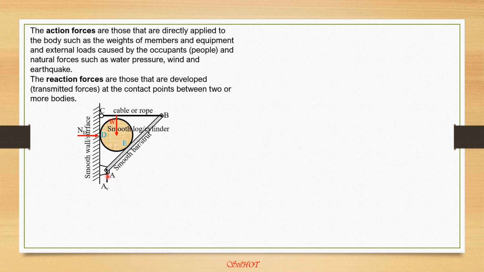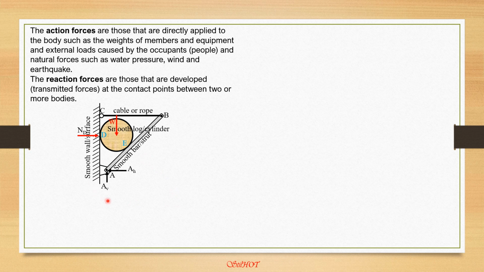And of course, at these pins we have two reaction components, vertical AV and horizontal AH. Now, the direction of these external reaction components is arbitrary. It's up to you, but you also anticipate the direction.